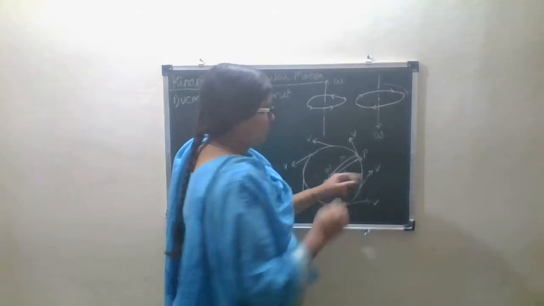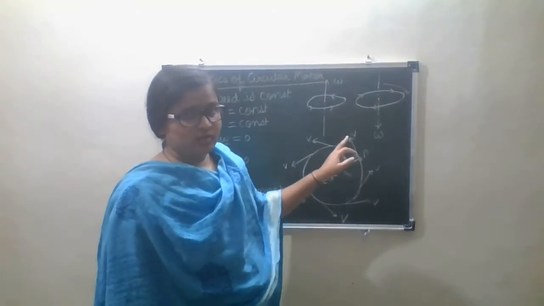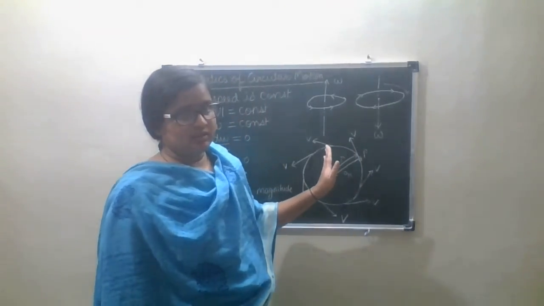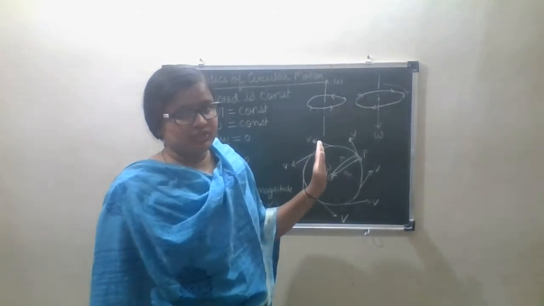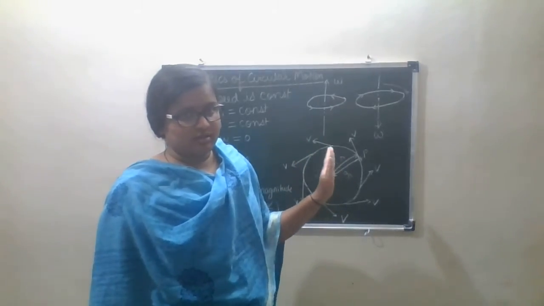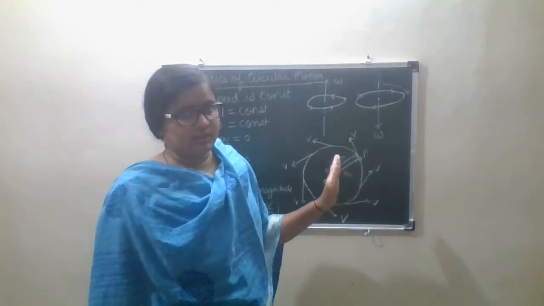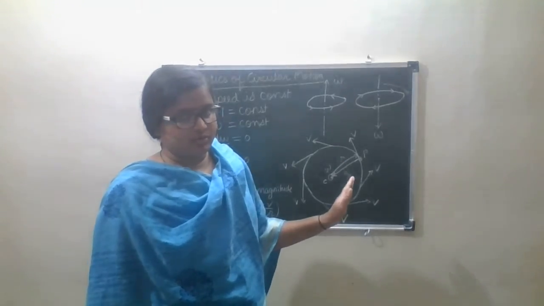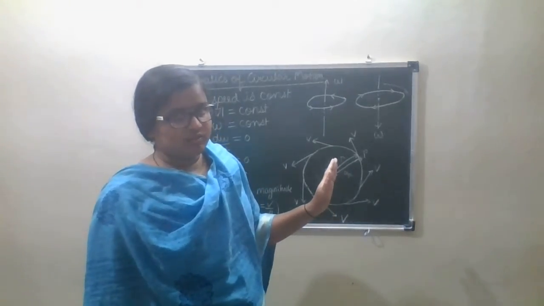Here point P is there, and we know very well that the tangential velocity is always acting on the particle while performing circular motion. What is the tangential velocity?